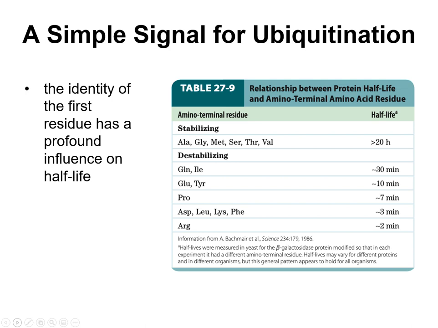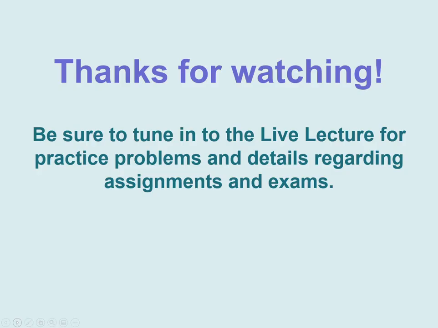But some of these other residues at the N-terminus have very short half-lives. Why? I don't know, but they do. It's an observation, but we still don't understand why. What is it about having these different residues at the very beginning of the protein that marks them as stable or unstable? Who knows? Maybe you'll figure it out.